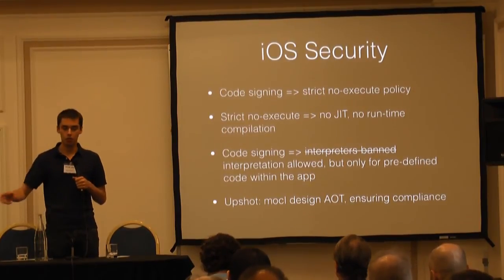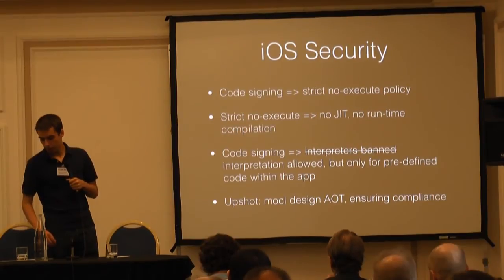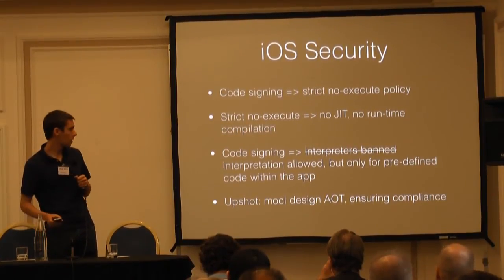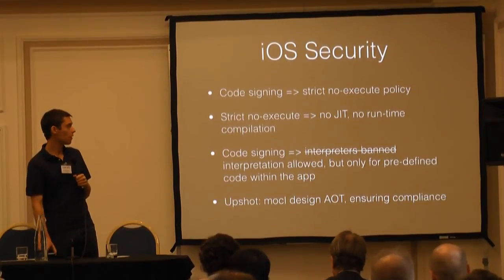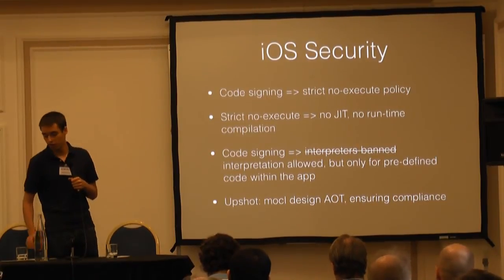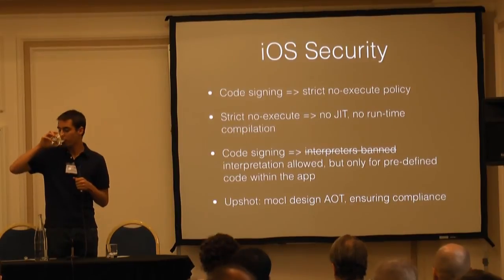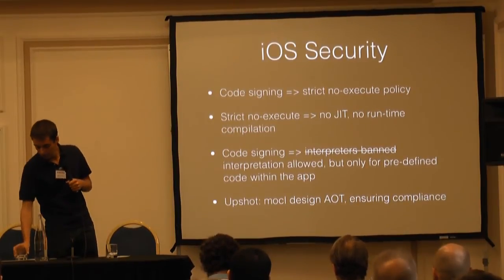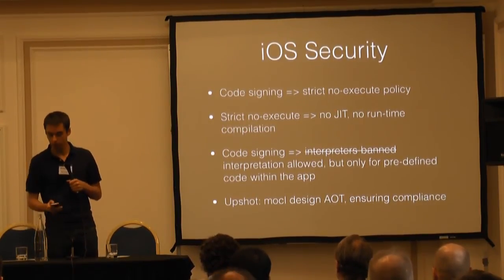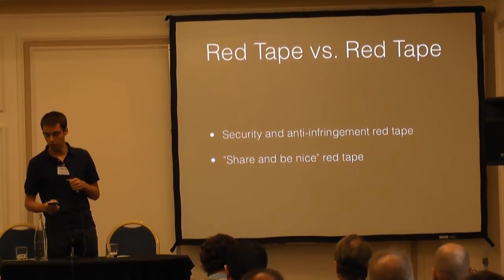You can't be generating it at runtime. So the upshot of this is Mocl and several other iOS targeting tools compile everything ahead of time to make sure that you don't get rejected out of the App Store. So that's been part of our focus, is just to make sure that everything's going to comply with their policies and so on.